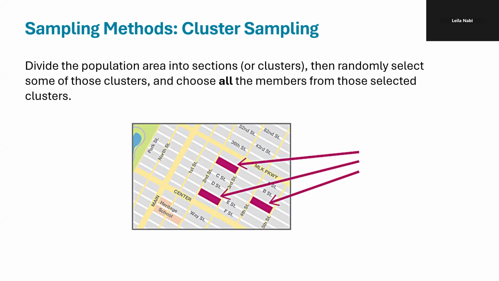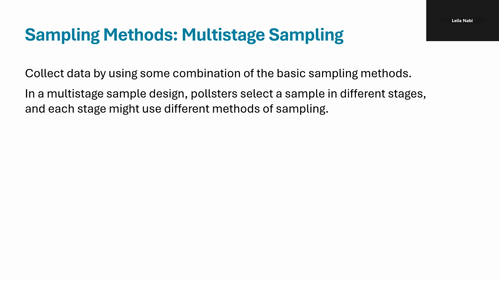Okay, in a stratified, we randomly select some out of each group, but in cluster, we select some groups and survey all of the members in that group. That's the difference. And multi-stage sampling is just when we use more than one sampling technique.